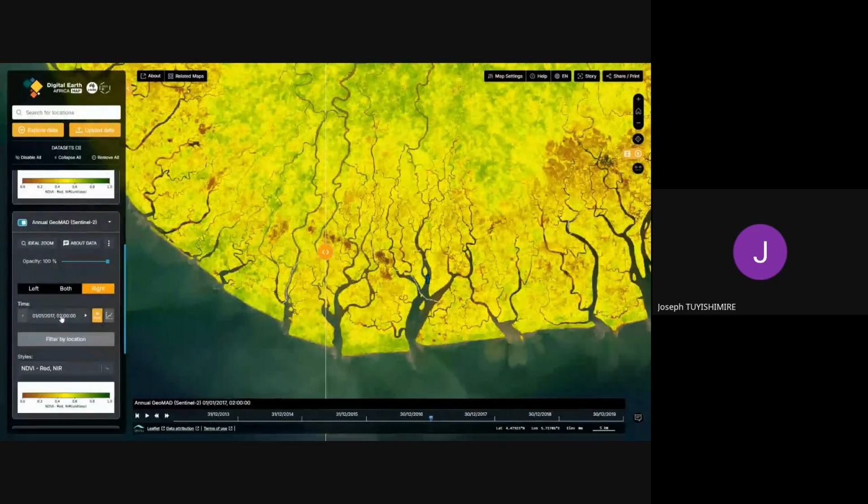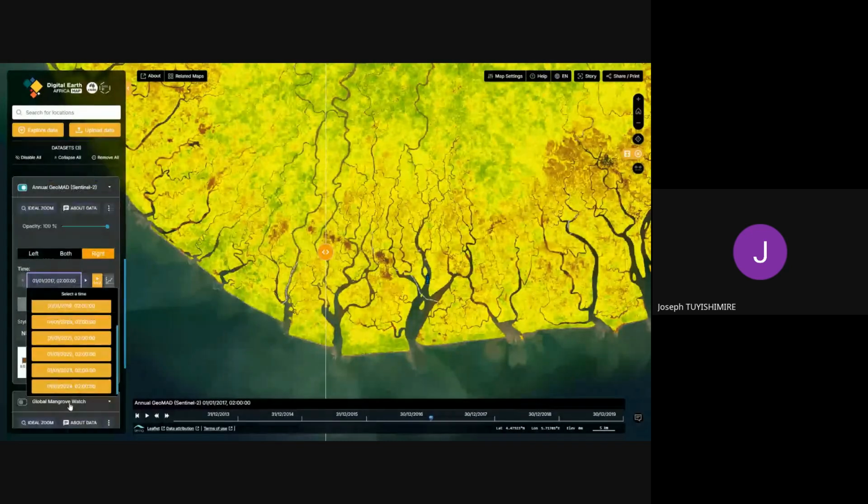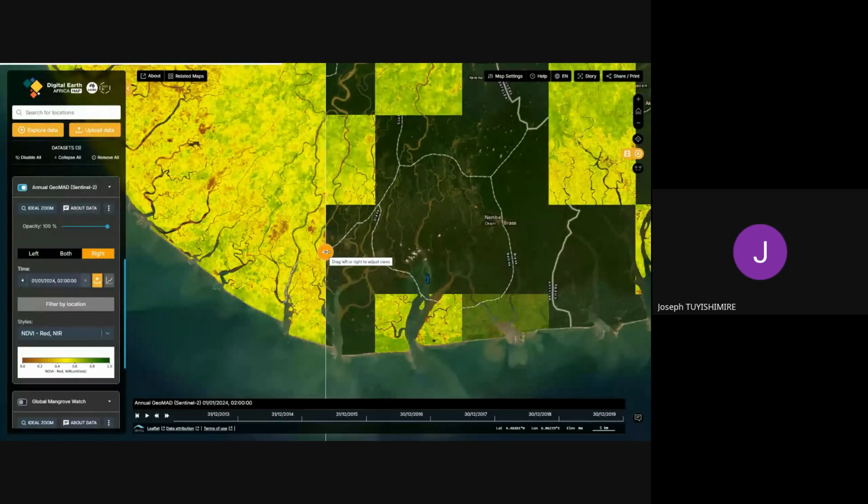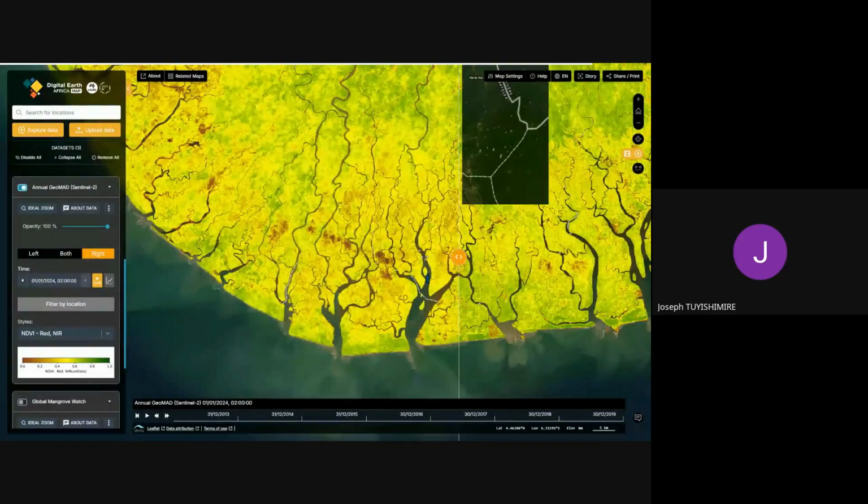You can compare with 2024, for example, and see for our area. This is 2017, this is 2024.